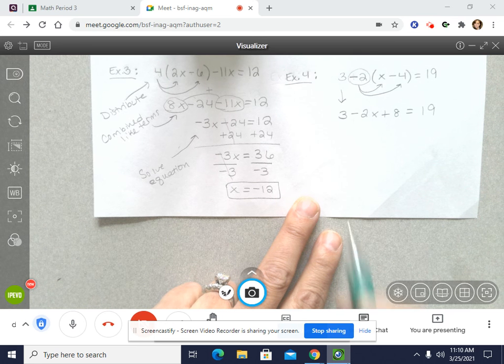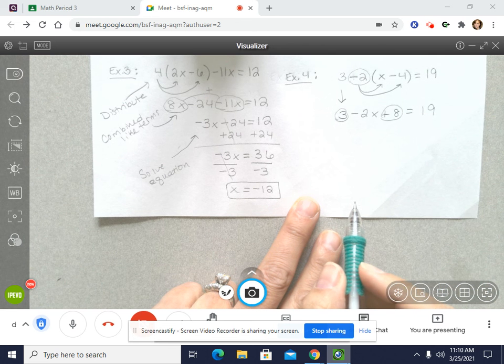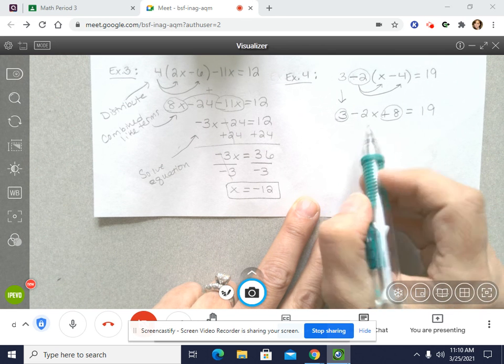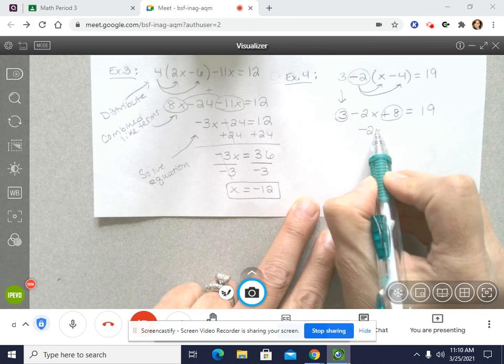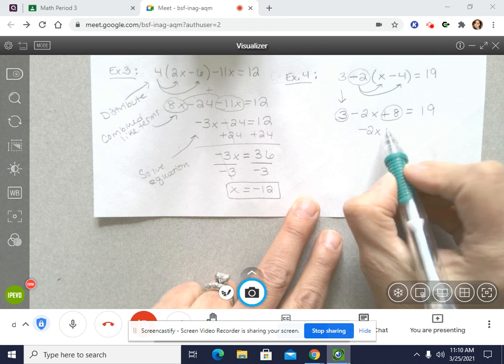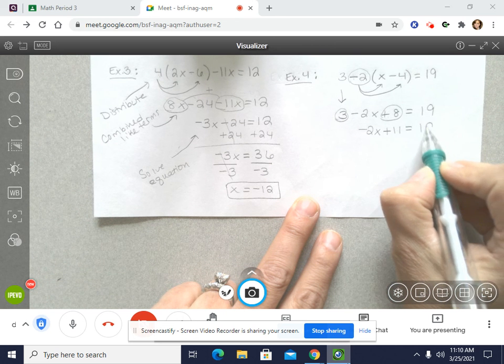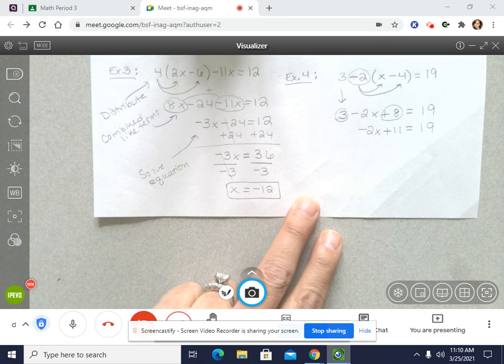Yeah, we have a positive 3 and a positive 8, right? So I'm going to bring down my negative 2x first because I like having my variable come before the constant just because it's easier to solve. And now 3 plus 8 is positive 11 equals, bring down the 19.